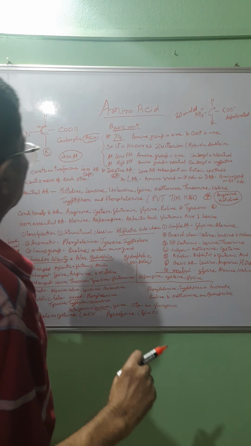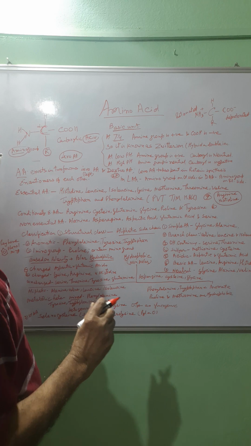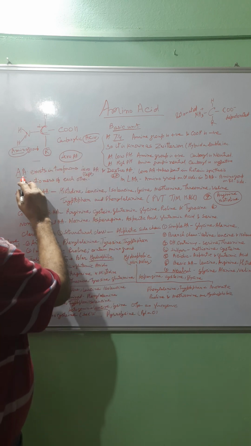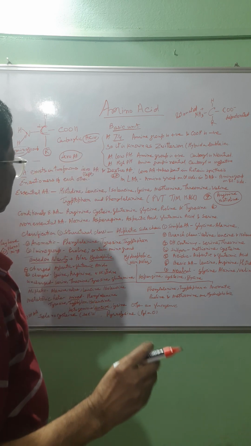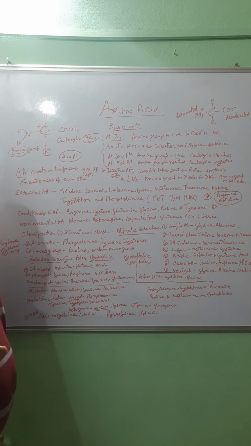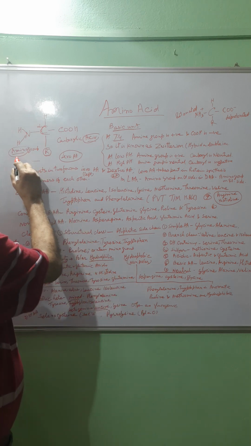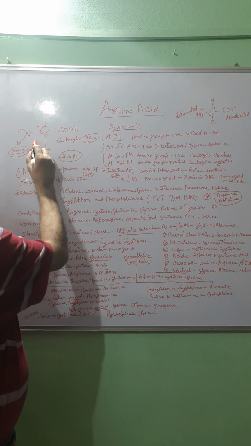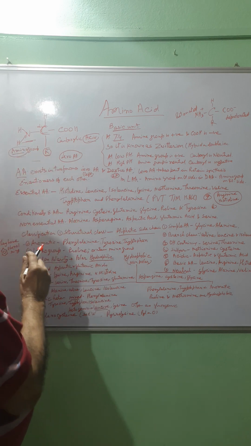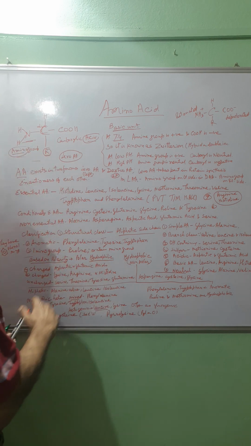There are 20 amino acids, and all amino acids exist in two forms, levo and dextro. Levo amino acid and dextro amino acid. When the amine group is attached on this side, that is on the left side, then it is known as levo amino acid.